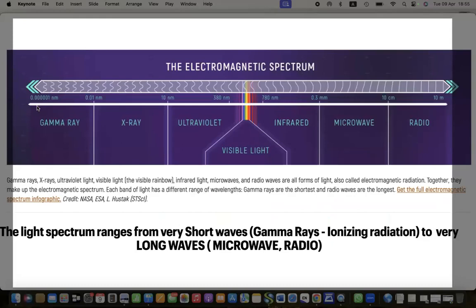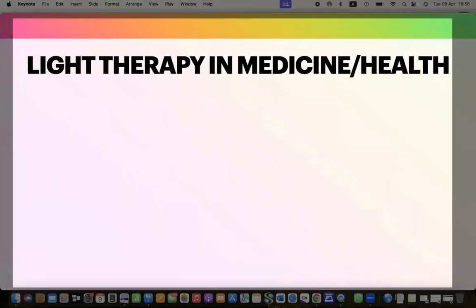This one is working from the short wavelengths, a fraction of a nanometer, the gamma ray, to the X-rays, ultraviolet, the visible spectrum, infrared, microwave, and radio. The important thing to realize is that radio waves are a form of light, and microwave radiation is light. X-rays are a form of light, gamma rays, and so forth.